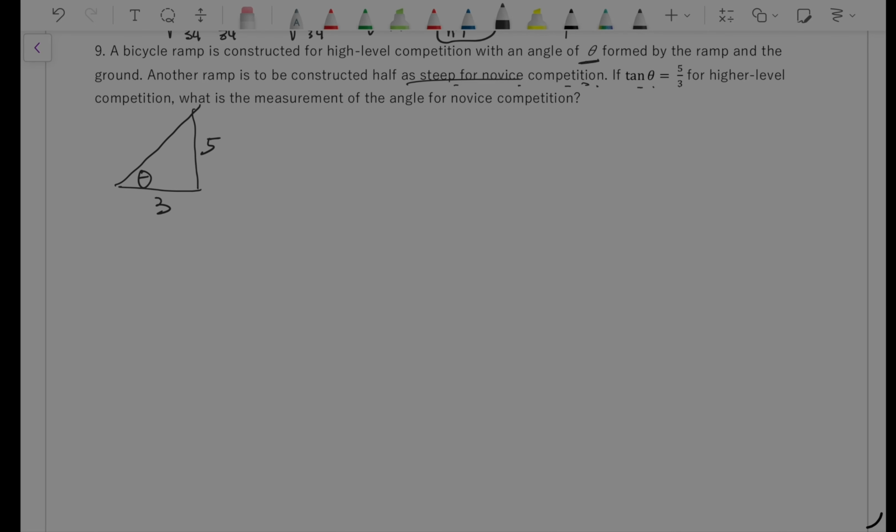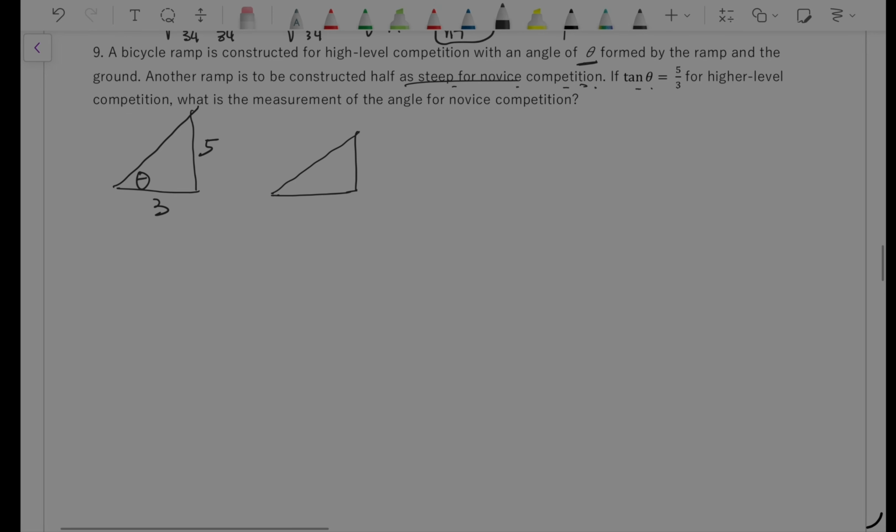This is theta. Half for novice. Half as steep. They want to know the measurement of the angle for the novice. So what is 1/2 theta?